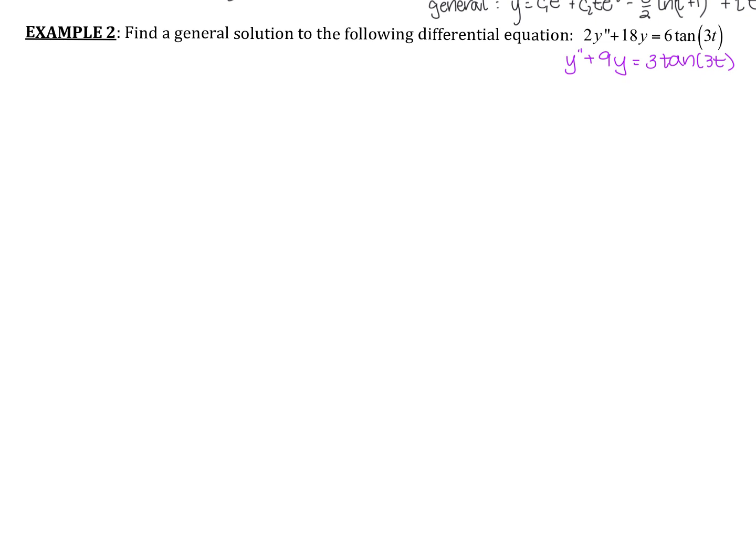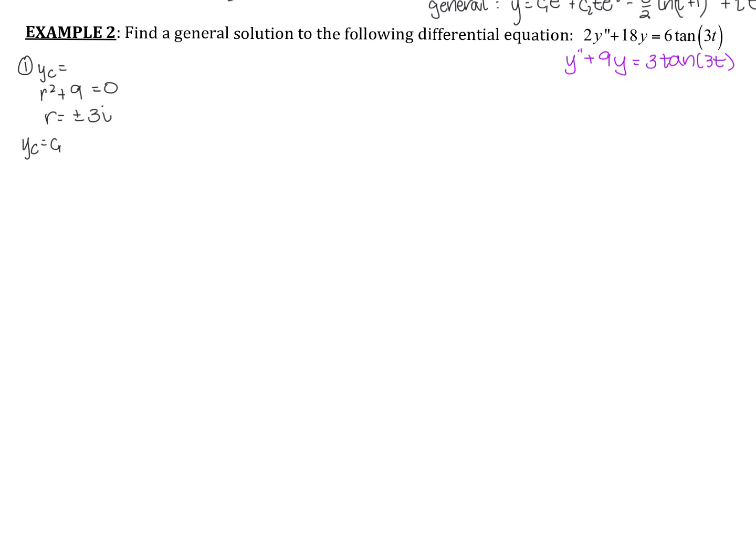So first step, I'm going to find my complementary solution. And that is going to come when I do r squared plus 9 equals 0, which means that r will be plus or minus 3i when I subtract that 9 over. So my complementary solution is not super pretty, but I've got my C1.